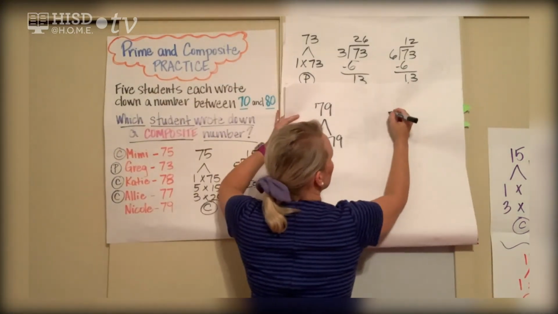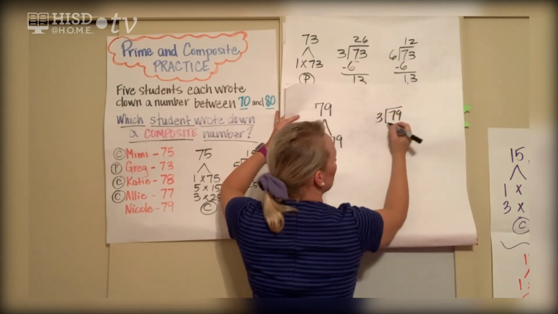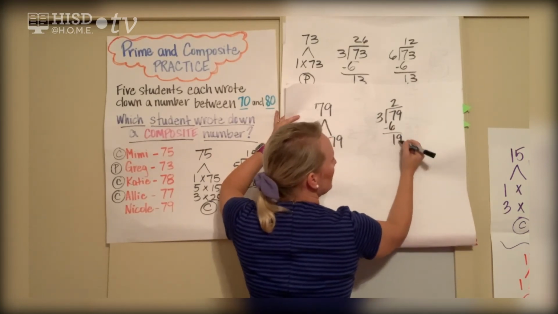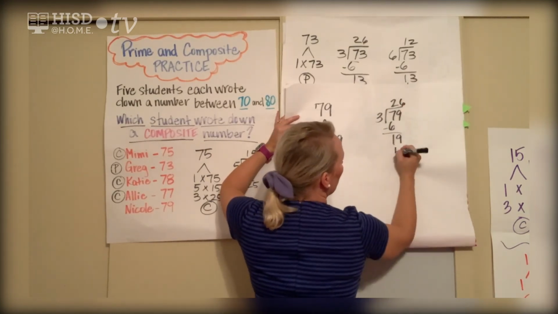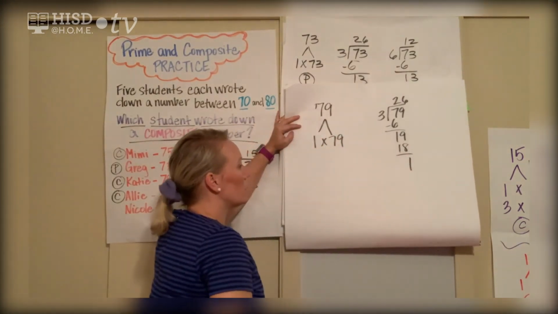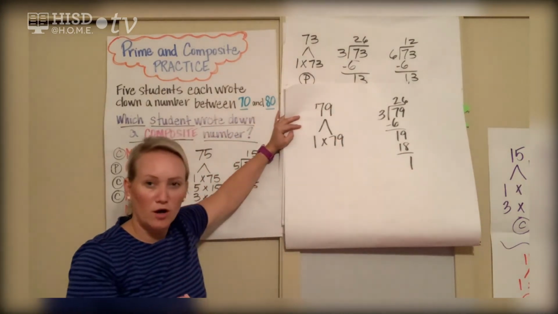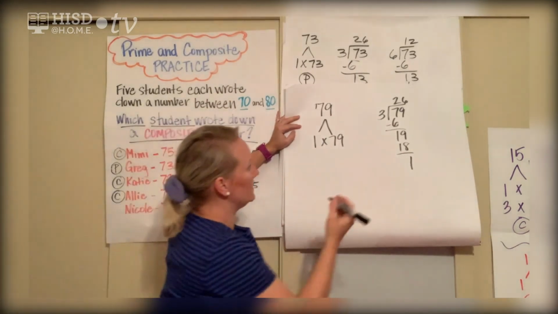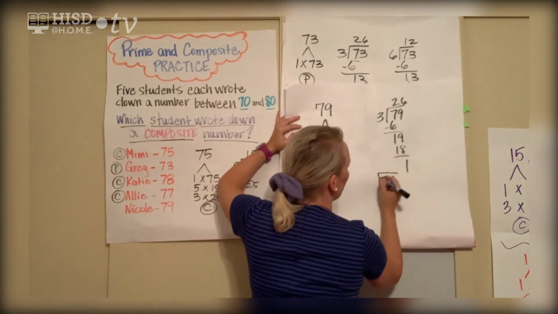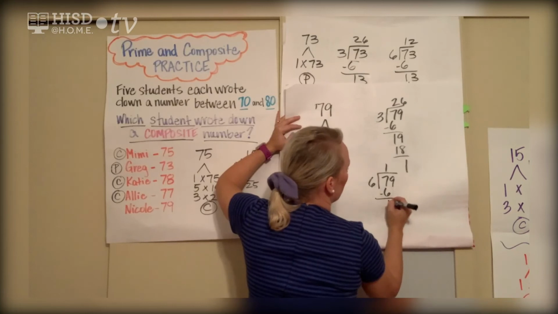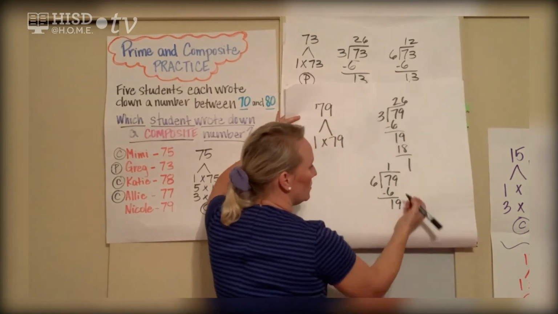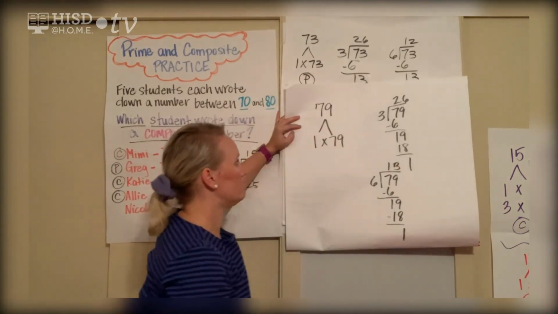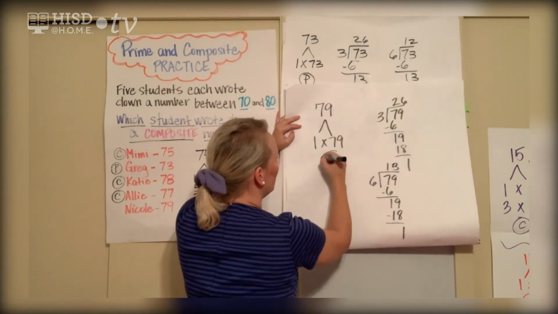What about 3? 79 divided by 3. 3 goes into 7 2 times, and I get 19. 19 cannot be divisible by 3 because I will have a remainder, so I can't use 3. Can't use 4 because it's odd. Can't use 5 because it doesn't end in a 0 or 5. What about 6? 79 divided by 6. I would get 19, which is also a number that would give me a remainder. Pretty sure 79 is prime.